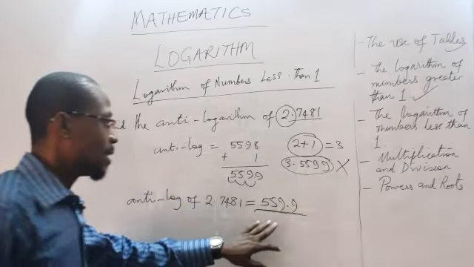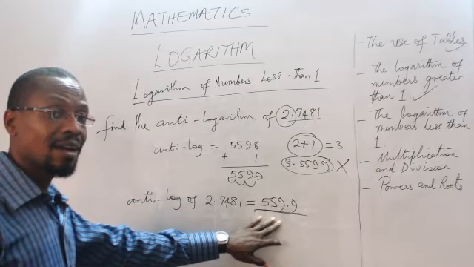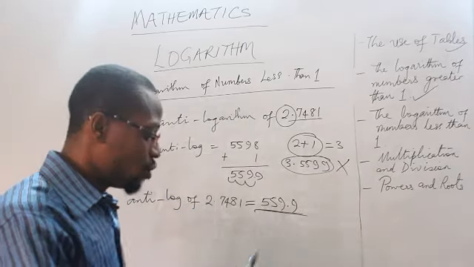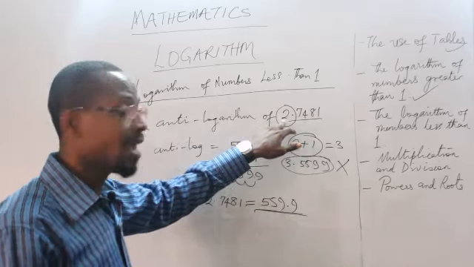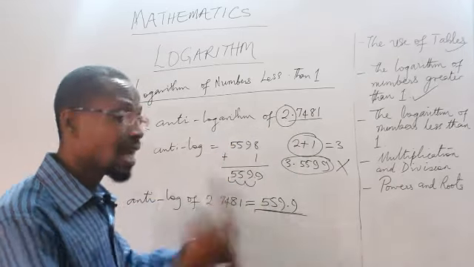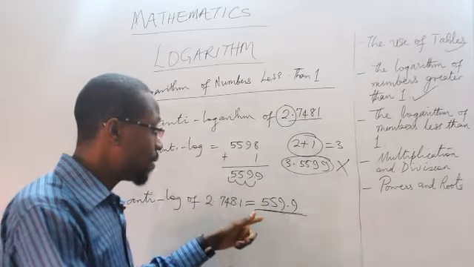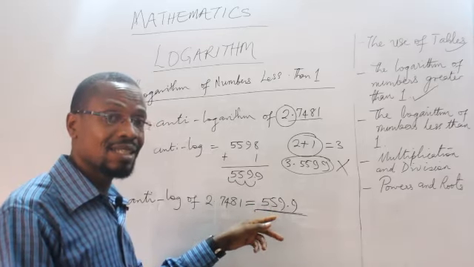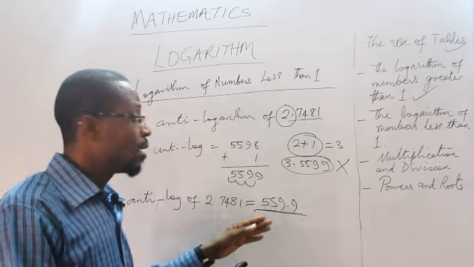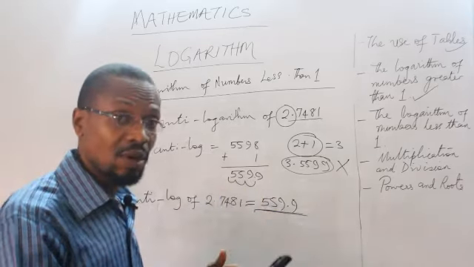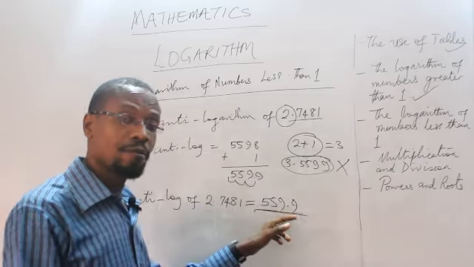So this is our final answer. What you simply use the characteristic for in antilog is to shift the decimal places to write your figure.